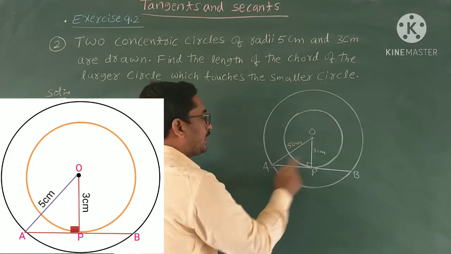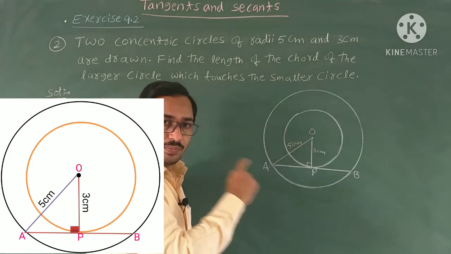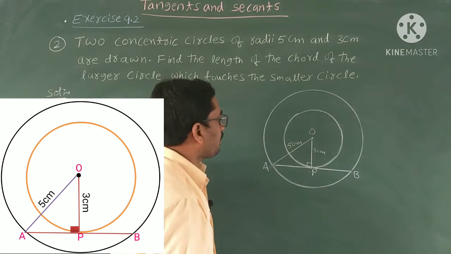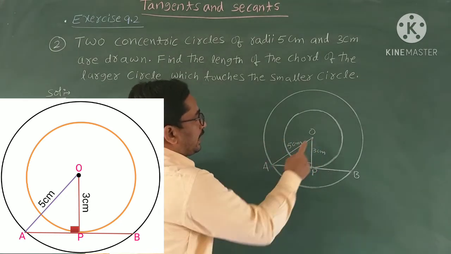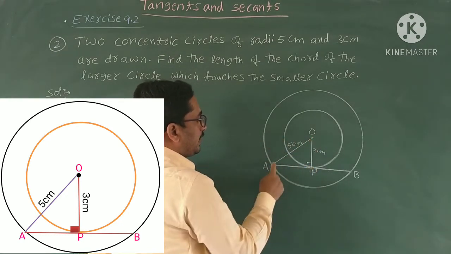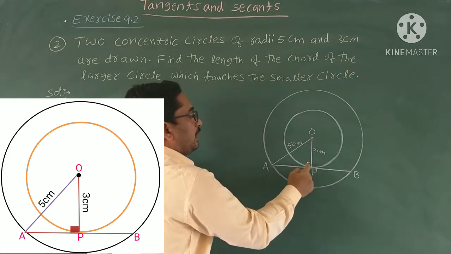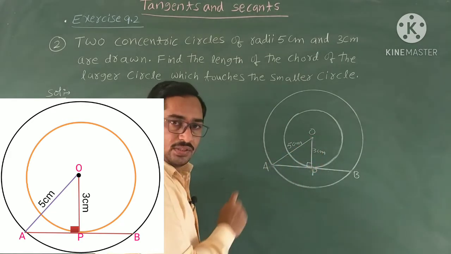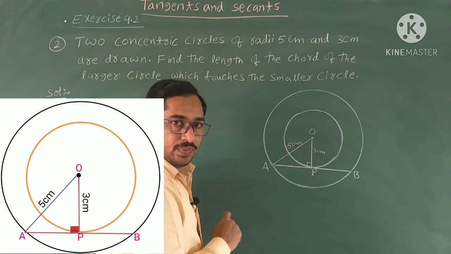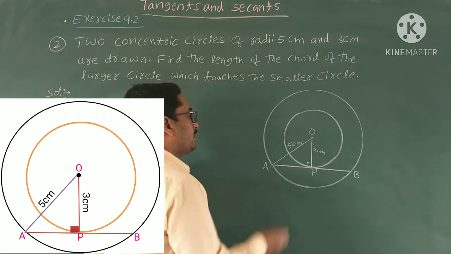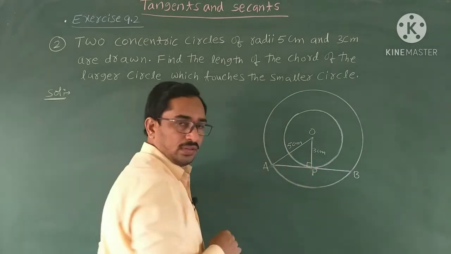P is the midpoint of AB. Now consider triangle OPA, right angle at P, so it is a right angle triangle. By using the Pythagoras theorem, you can calculate the length of AB.